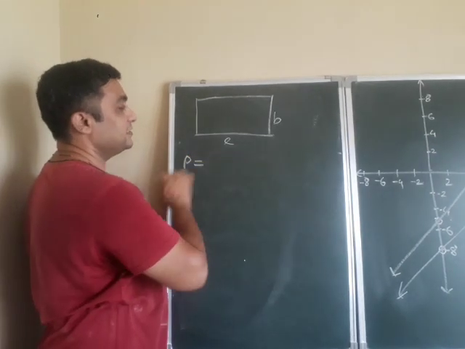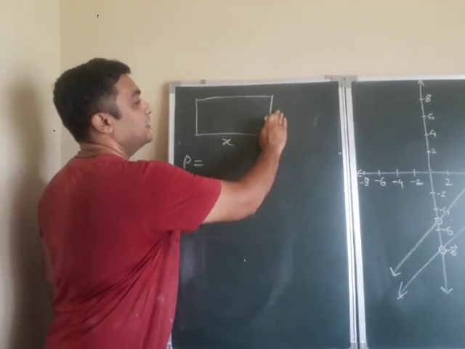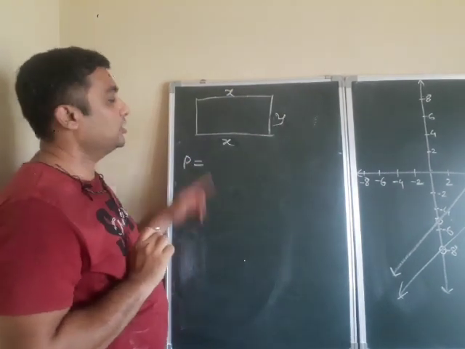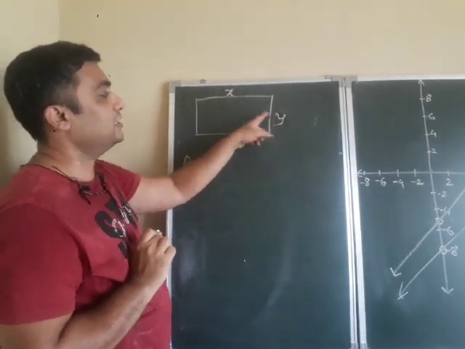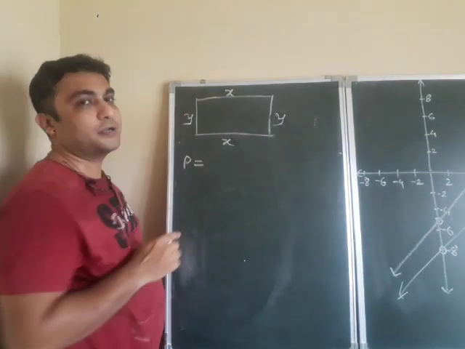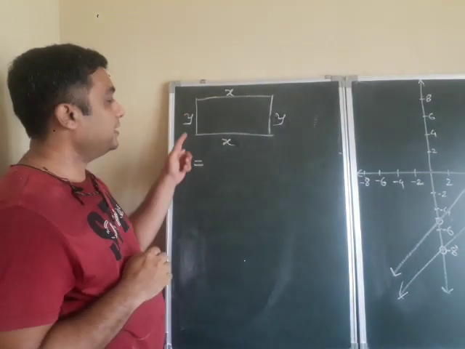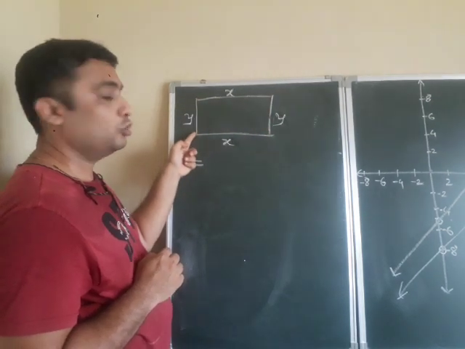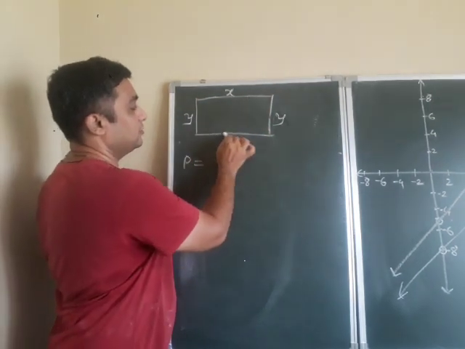Periphery of the rectangle is equal to, this I say x and this I say as y. So this x, the opposite two sides are equal. So this x and this x. This one is y. So this one is also y. Now what is the periphery? Periphery, it means this is the periphery. So you move in this way.